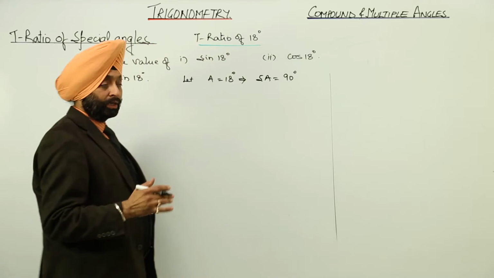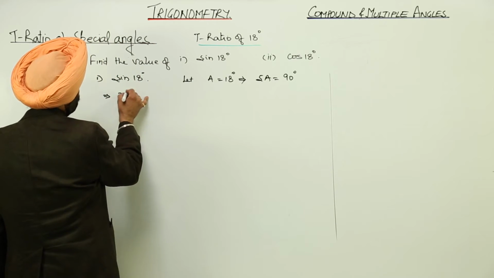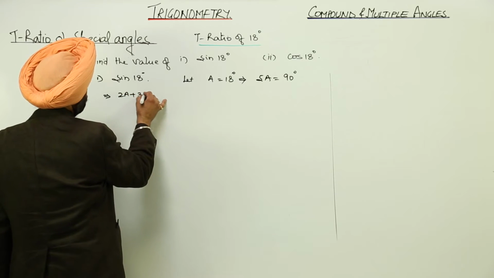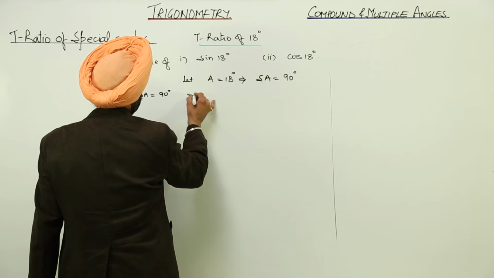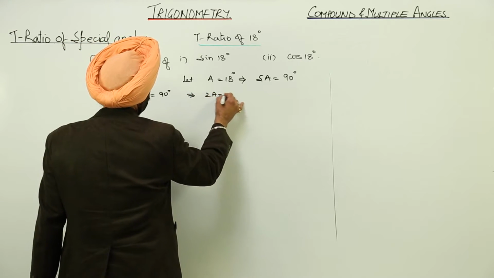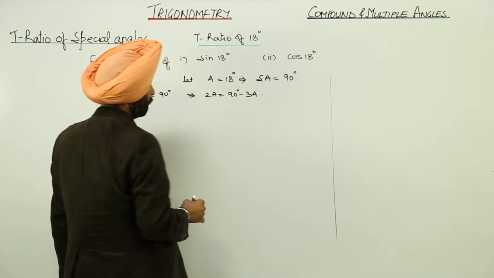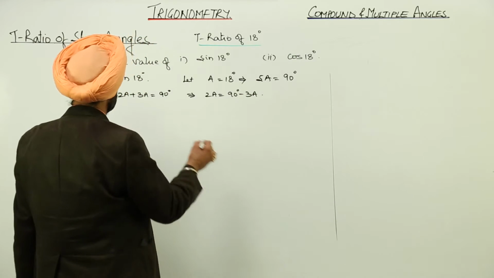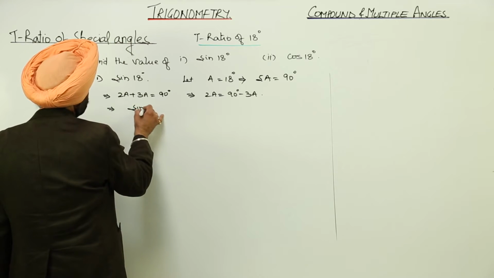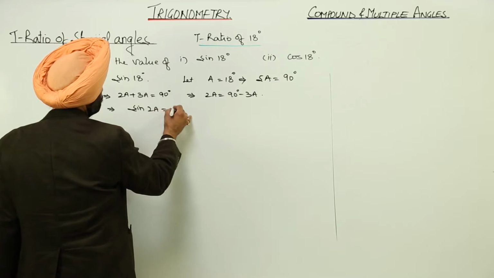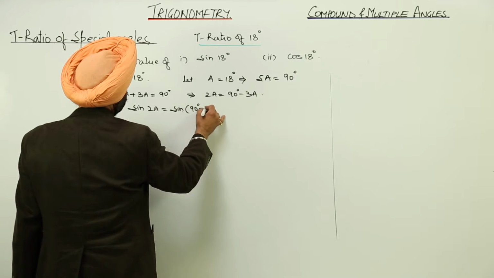Now to 5A, let's break it: 2A plus 3A is equal to 90 degrees. Then 2A is equal to 90 degrees minus 3 times angle A. Now taking sine on both sides, sin 2A is equal to sin of 90 degrees minus 3A.